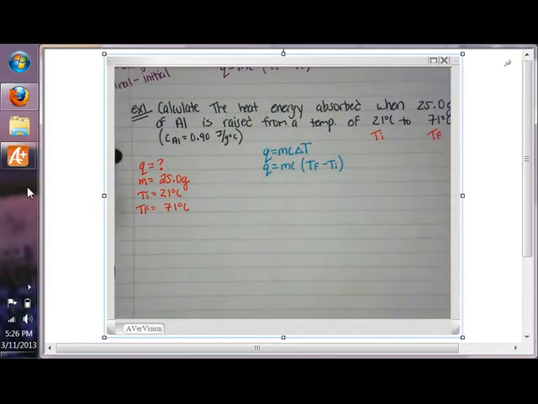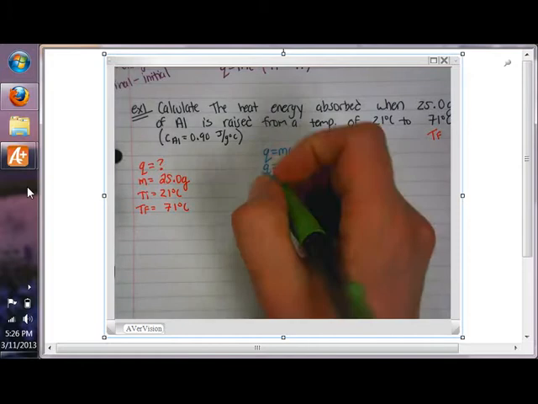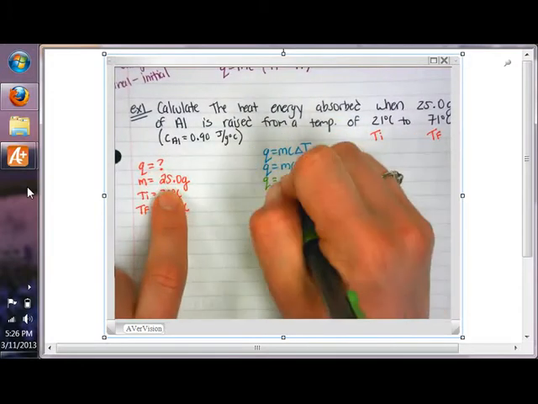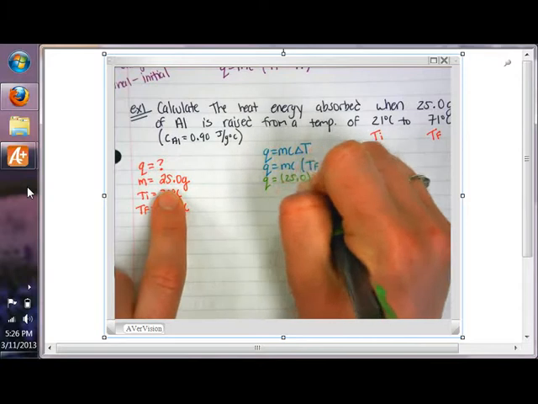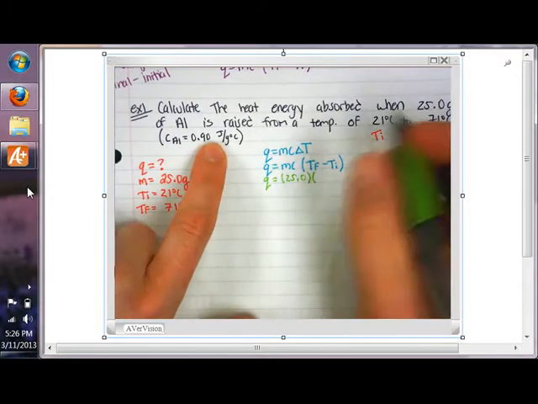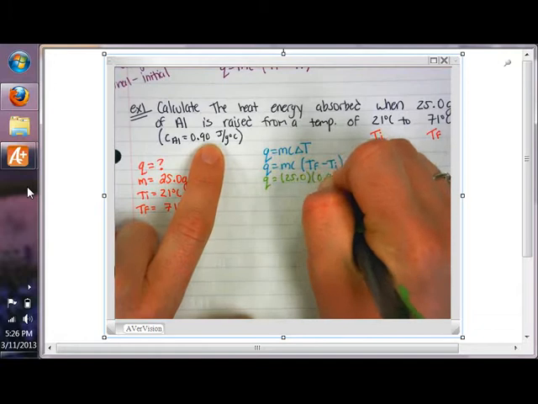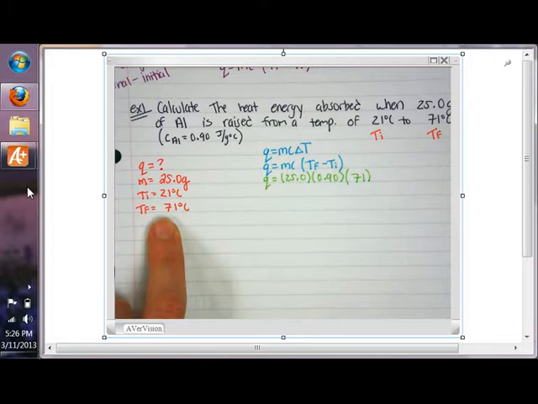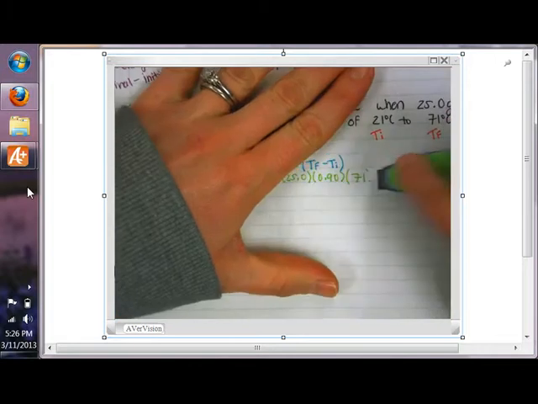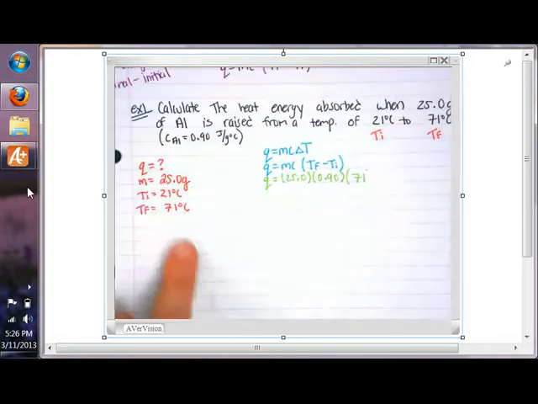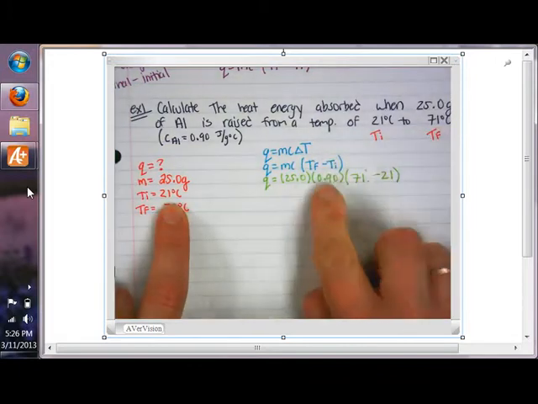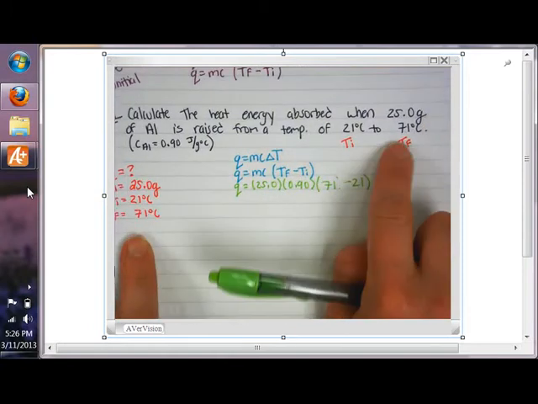So now that I have all my info, I can plug and chug. So Q is what I'm trying to find. M is 25.0. They gave me C, it's right here, it's 0.90. TF is 71 and TI is 21. So notice it's final minus initial.